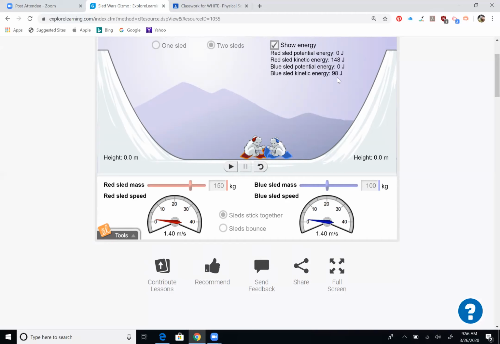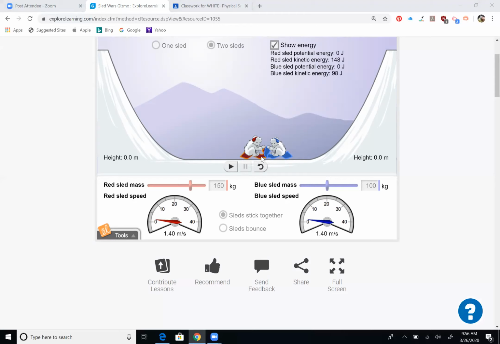Because energy is conserved, the lost energy has actually been changed into other forms. So looking at the two sleds, what affected some of the energy? If we look at what the sleds look like, we can see that they crashed into each other.